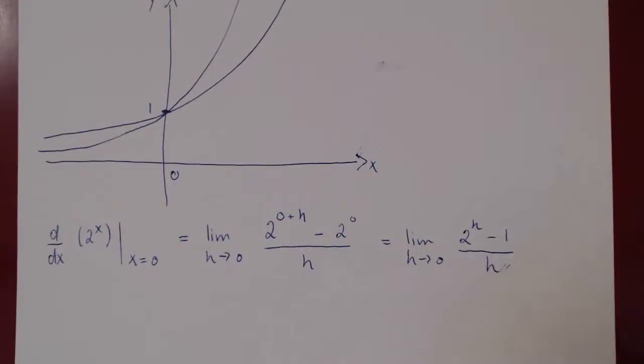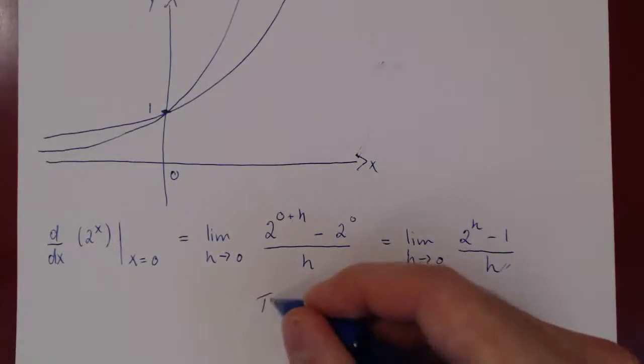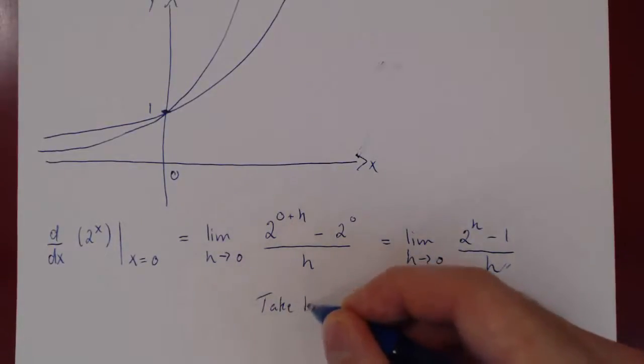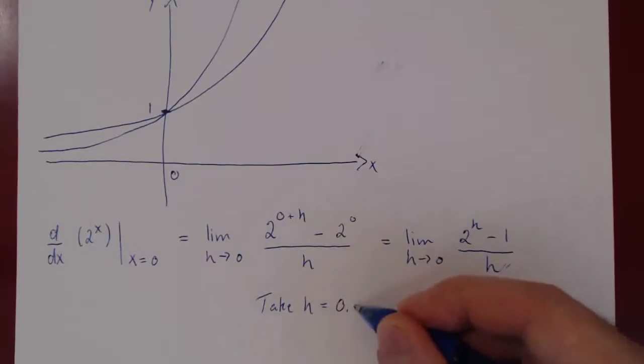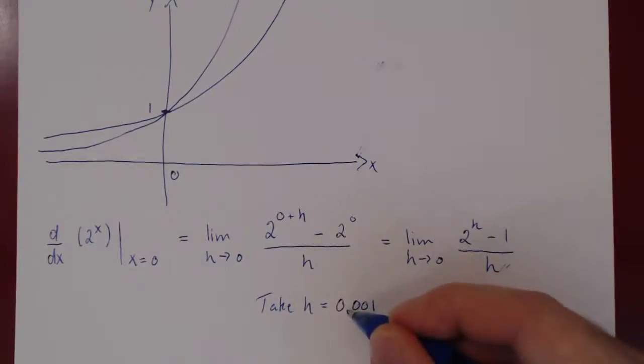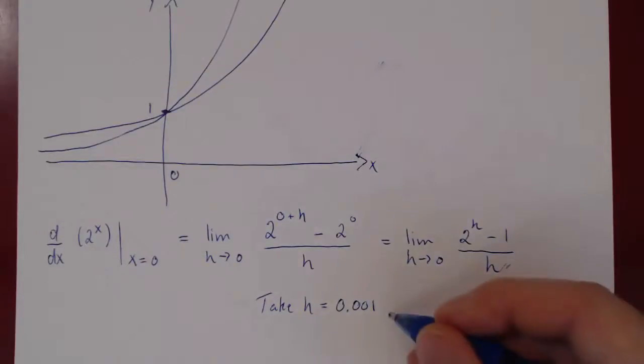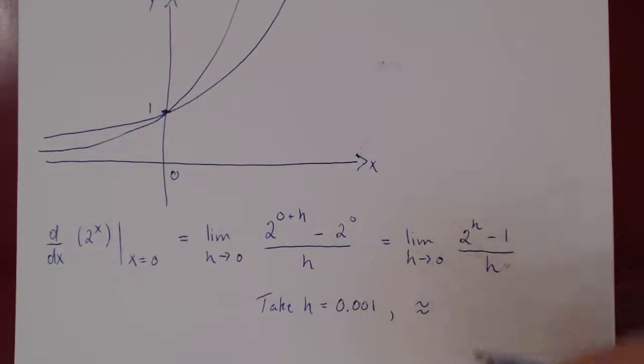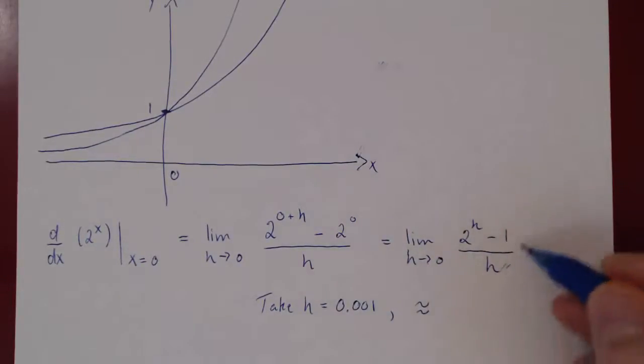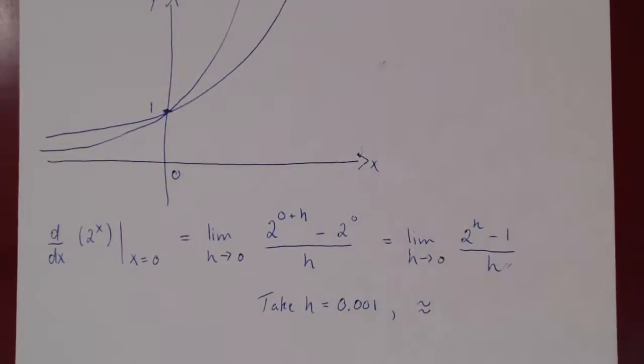So suppose we take h, say 0.001. Then we'll have an approximate slope. So replace h in the expression here by 0.001.